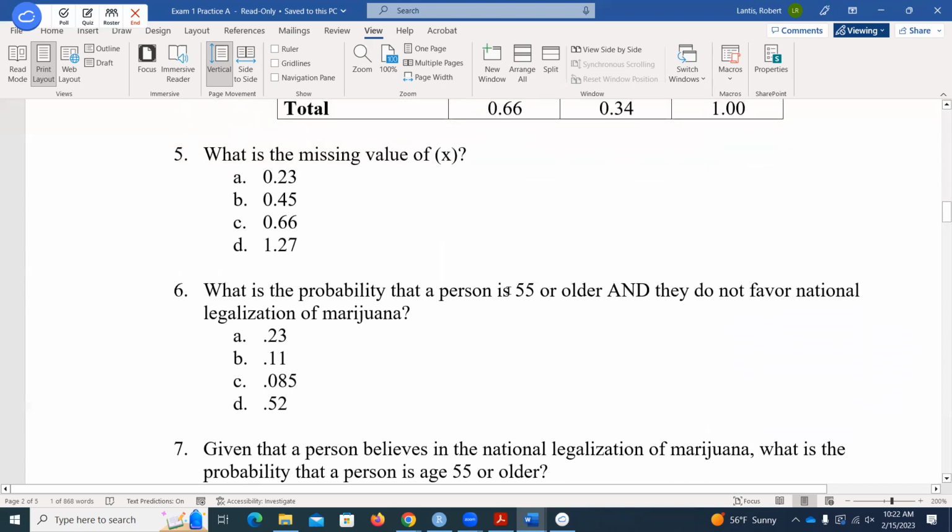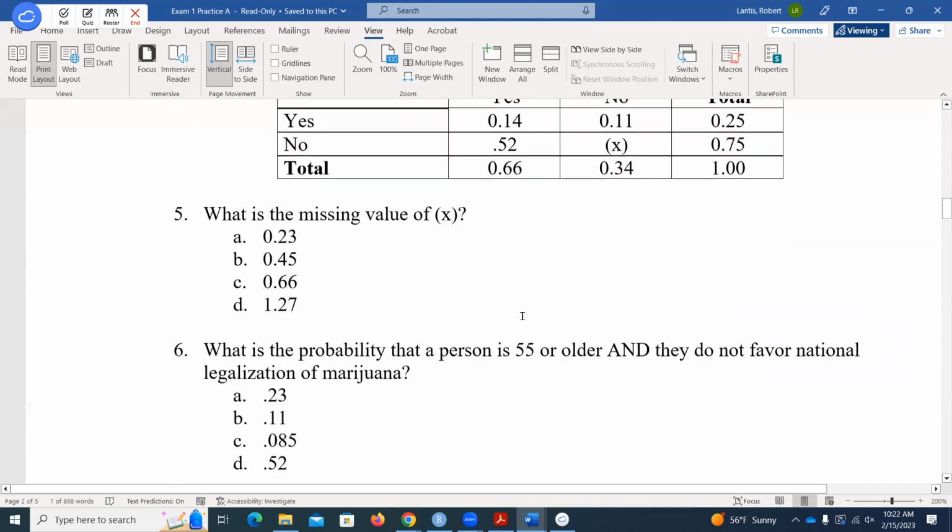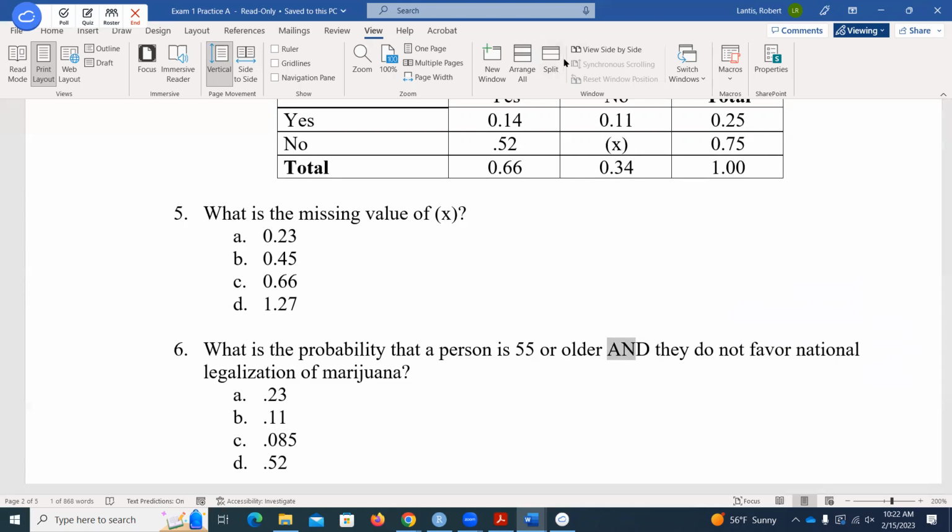Now, if instead I asked you, what's the probability that a person is 55 or older? Oh, I've got it on read only because I downloaded it. All right, well, imagine I replace this with or, right? So I want the probability that a person is 55 or older, or they don't favor the legalization of marijuana.